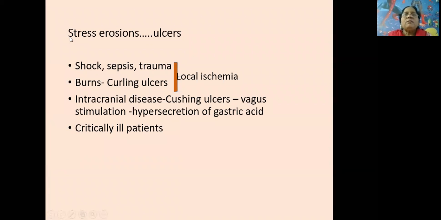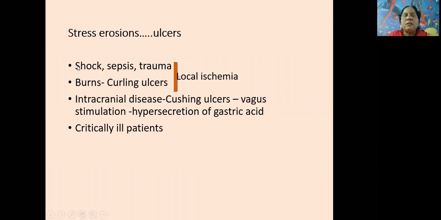And what is stress erosion or stress ulcer? This happens mainly in critically ill patients, is more often seen in the ICU, and in people who are in shock. We saw shock as one of the etiologic factors for gastritis and ulcer. What happens here?